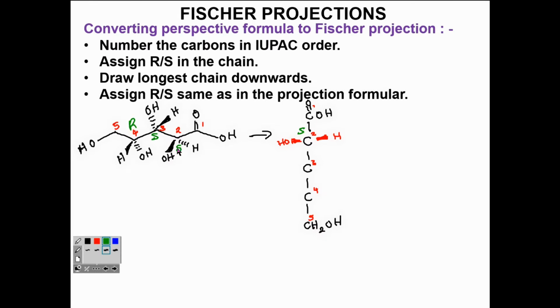Carbon number 3 here, you need to put your hydrogen to your right and your OH to your left. Because again, looking at this asymmetric carbon, OH will have priority number 1, and the group containing the carboxylic acid will have priority number 2.